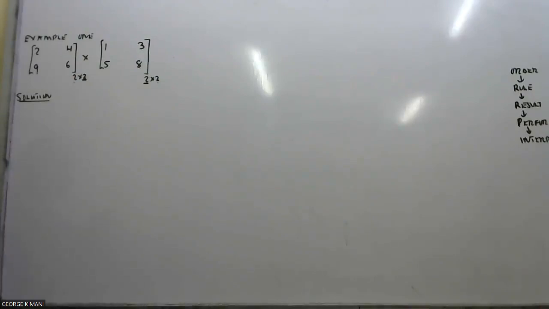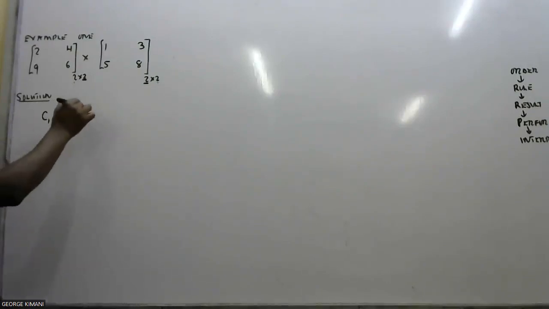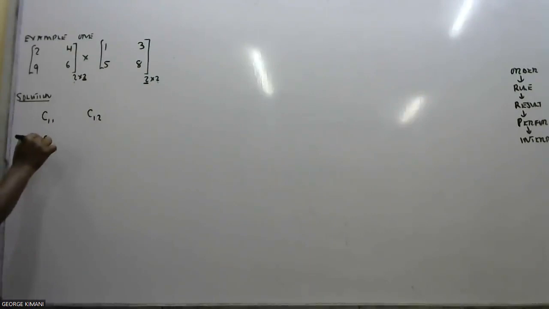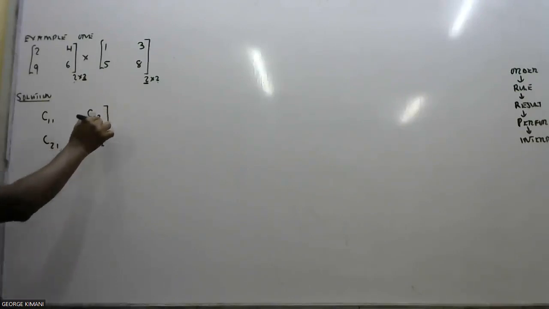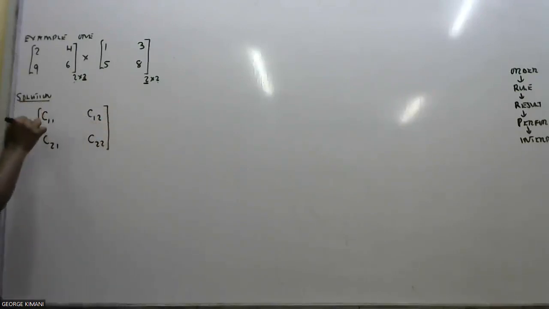So you should have that in mind. If we are going to have 2 rows and 2 columns, this is how it will look like. We will have an element in row 1, column 1, an element in row 1, column 2, an element in row 2, column 1, an element in row 2, column 2. That's how it will look like.